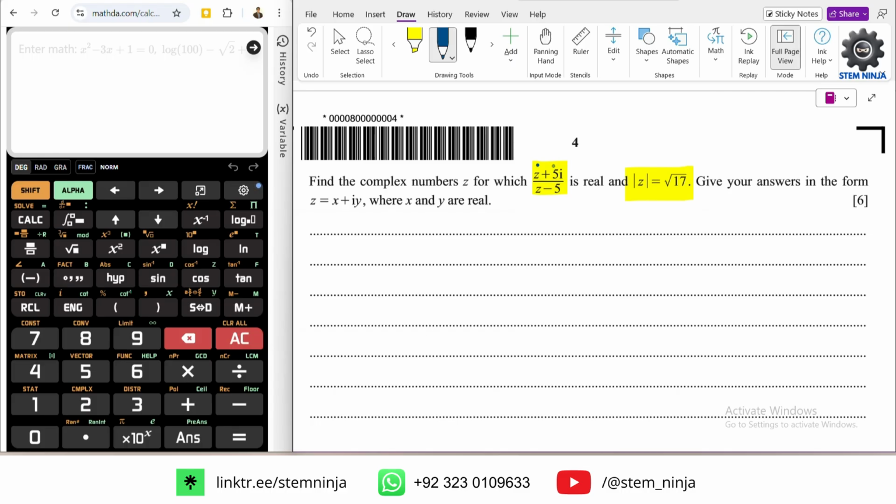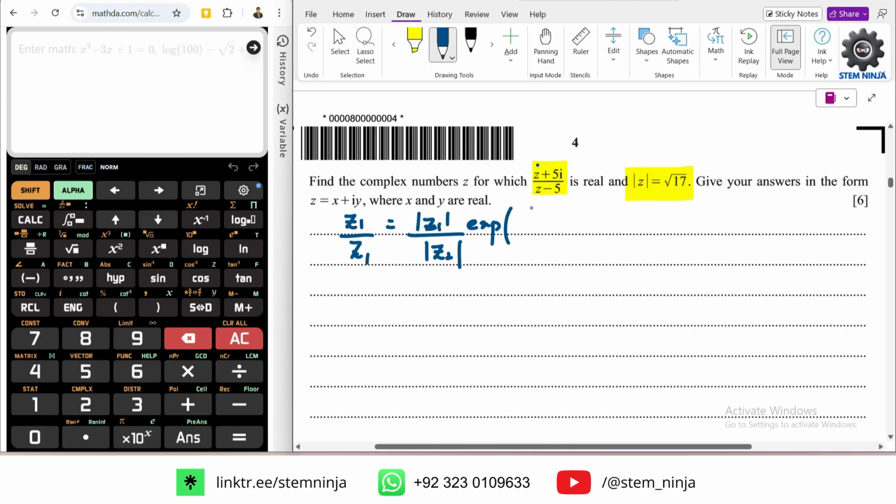Now, z is a complex number, we know that, right? So when we add or subtract something to it, the other one will also be a complex number, right? We know that, for example, when we have z1 over z2, it's basically R1 over R2, the magnitudes, times e raised to the power of the argument of z1 minus the argument of z2, right?